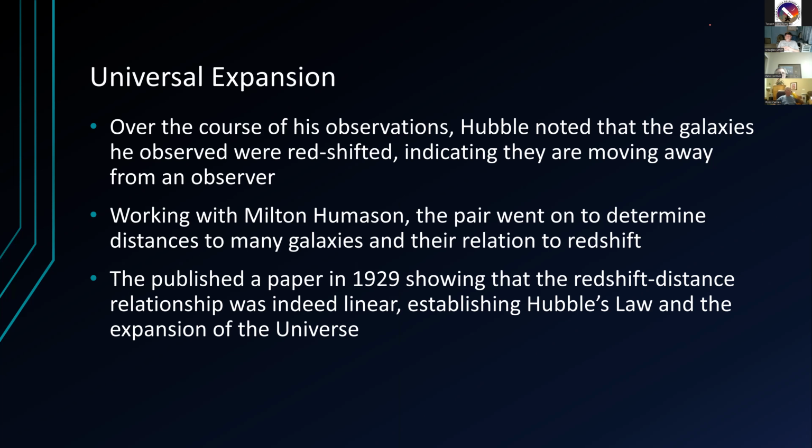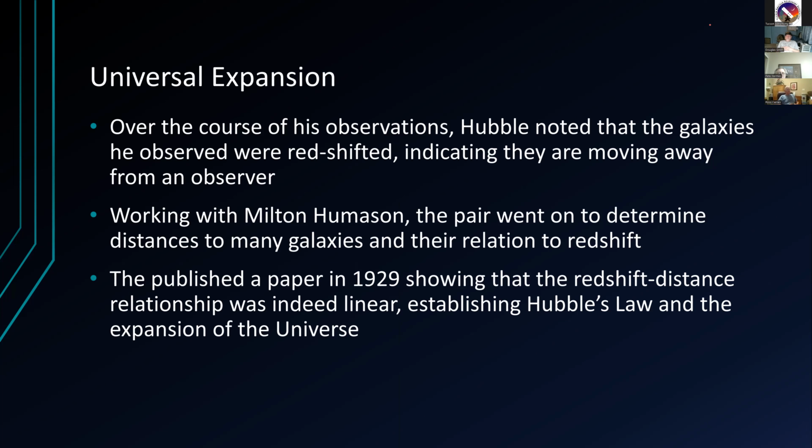So Hubble would spend the next couple of years with Milton Humason, and the pair would go on to measure and determine the redshift and distances of many galaxies, and relate the redshift to the distance of the galaxy.